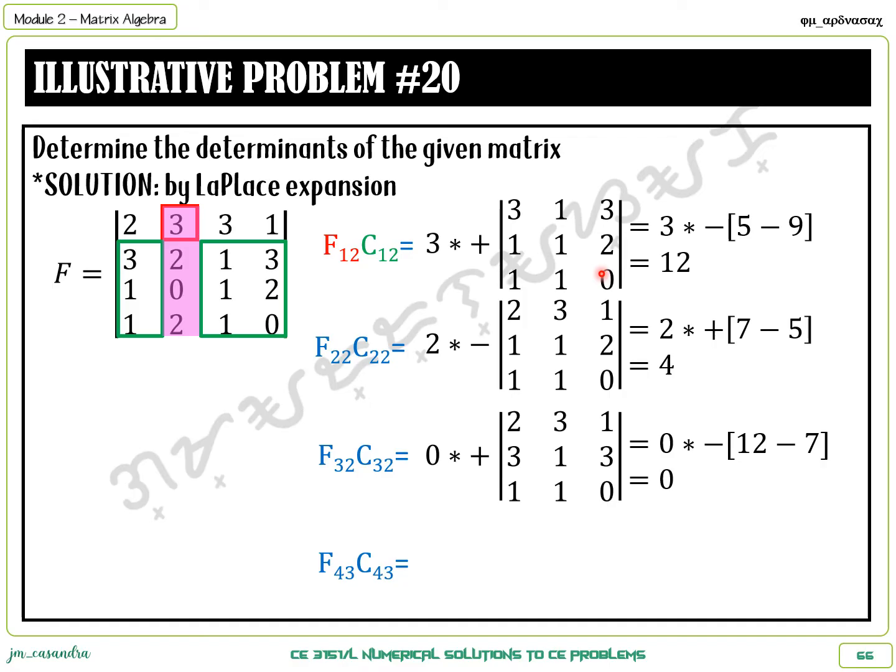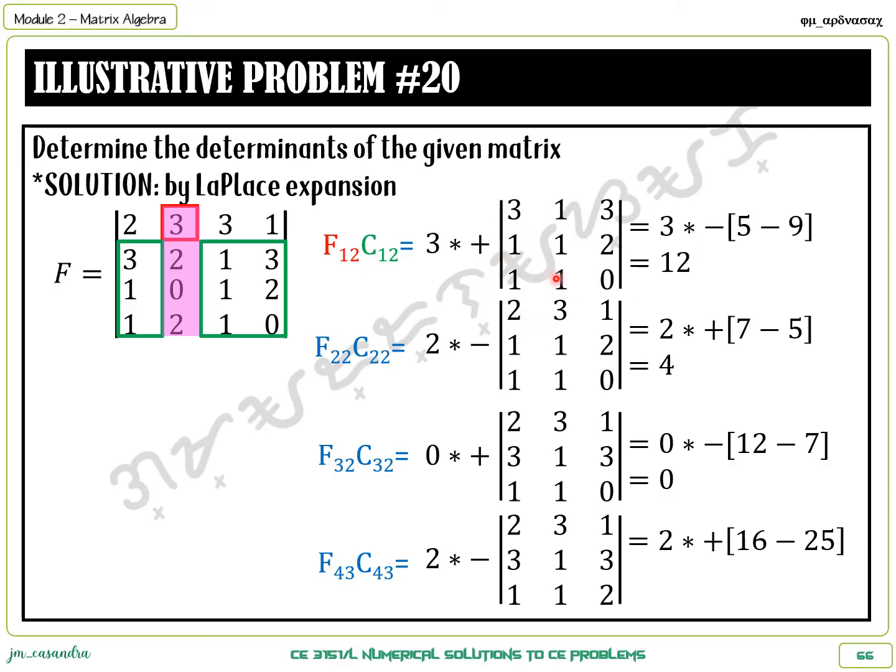So it's equal to 0. And for 4, 2, that will now be 2 times its equivalent cofactor, which is 2, 3, 1, 3, 1, 3, and 1, 1, 2, which is equal now to 2 times positive 16 minus 25.